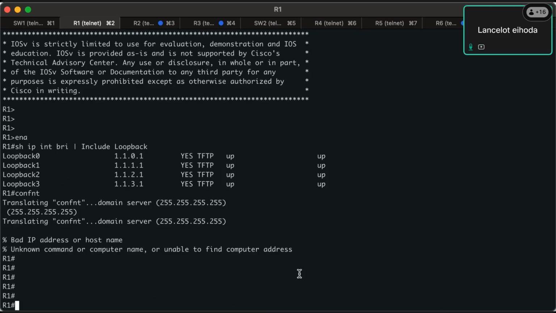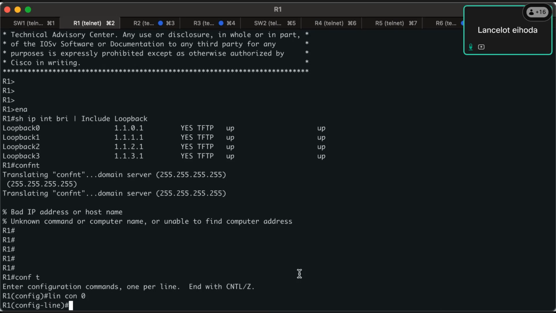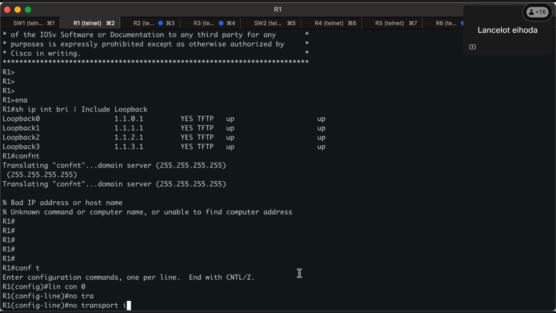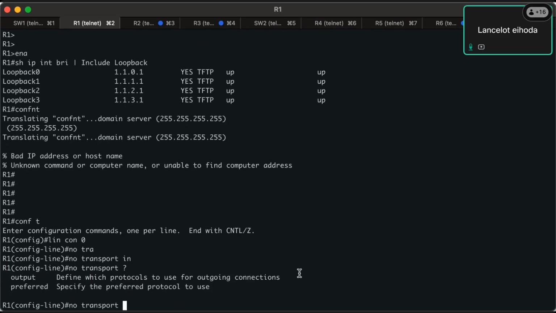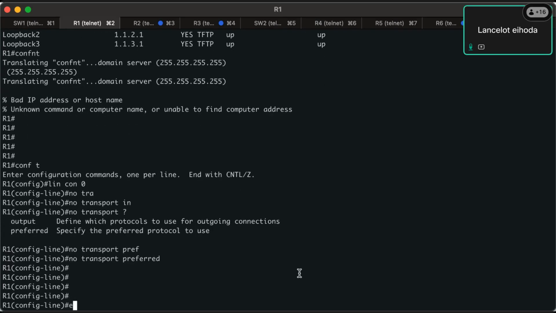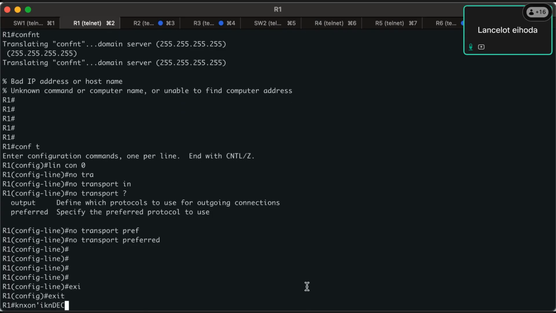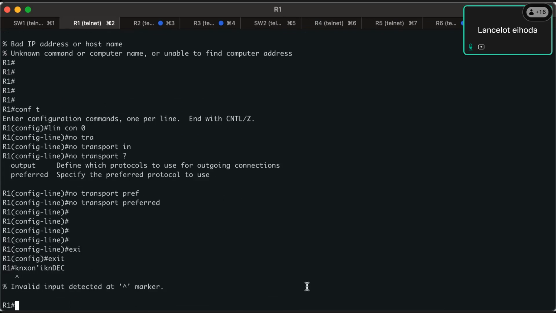So you can go to line console 0, no transport preferred. So I can do this now, and it will not clear. Have you seen that trick before? Yes, I have. CCI level trick.